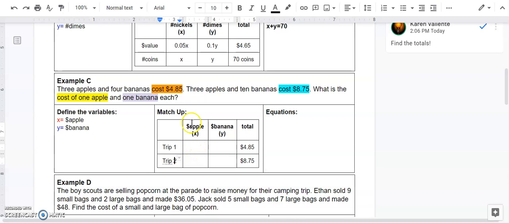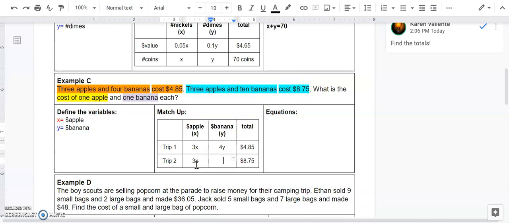Okay, all right, so now let's go look at the first trip. First trip, bought 3 apples and 4 bananas. Awesome, to get that $4.85. So the cost of 3 apples plus the cost of 4 bananas is $4.85. Then I go look at my second story. I bought 3 apples and 10 bananas for $8.75.